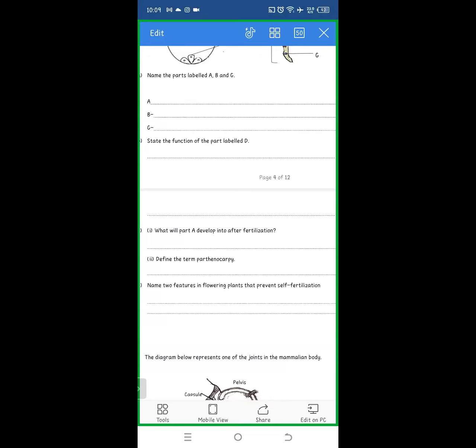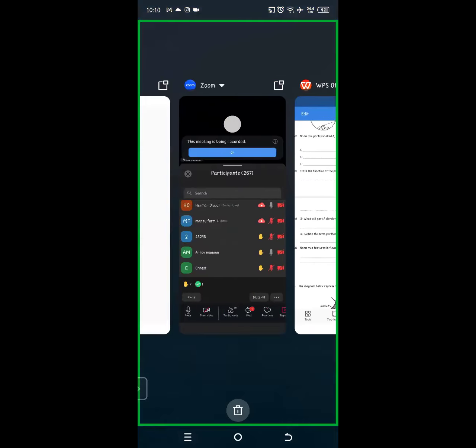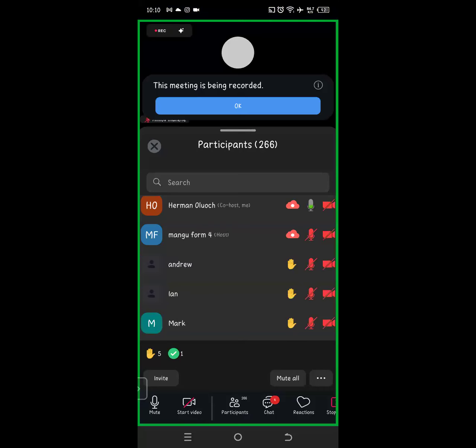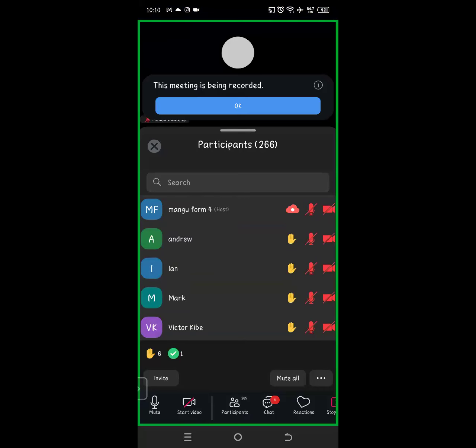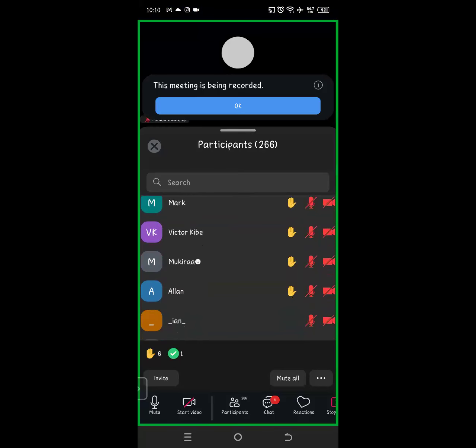Name 2 features in flowering plants that prevent self-fertilization. And that should be an easy one. That should be a very, very easy one to go with. Yes, Mukira, kindly unmute and speak.